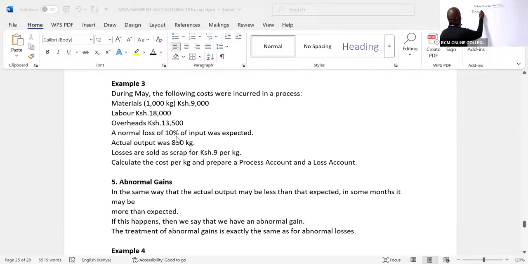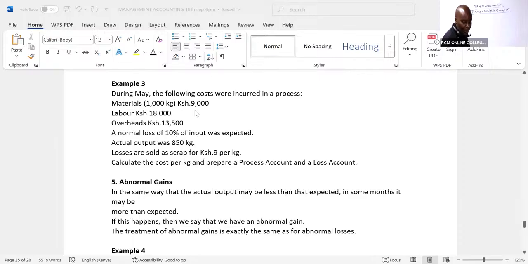A throughput account, which is an account which gives us the movement of units. Yeah, very, very important. A movement of units account.